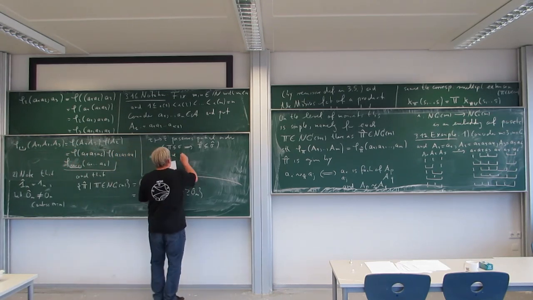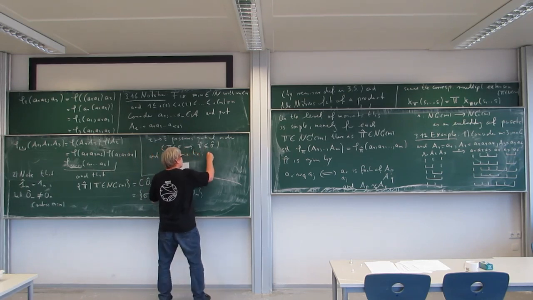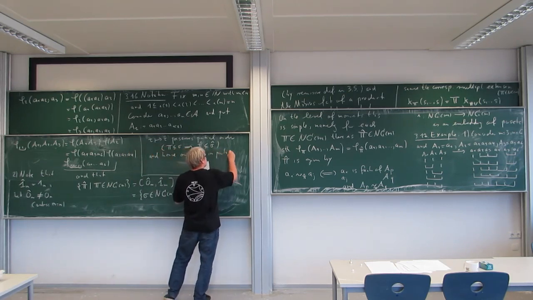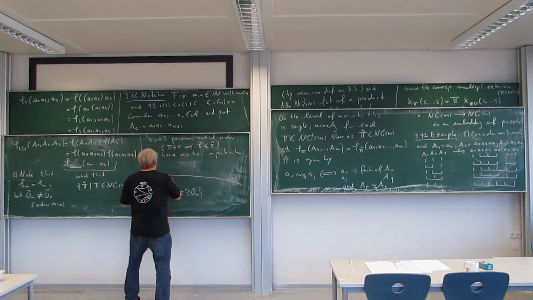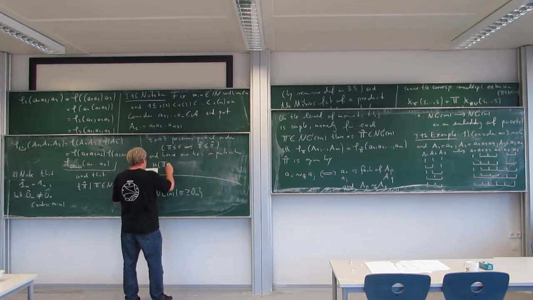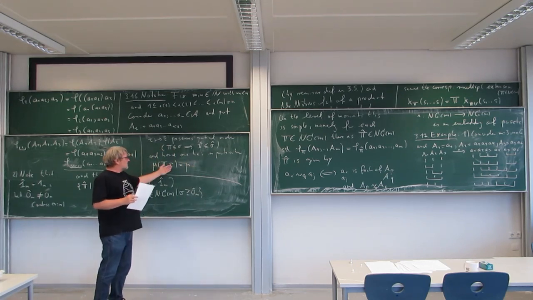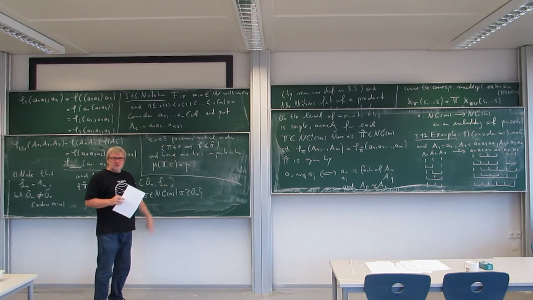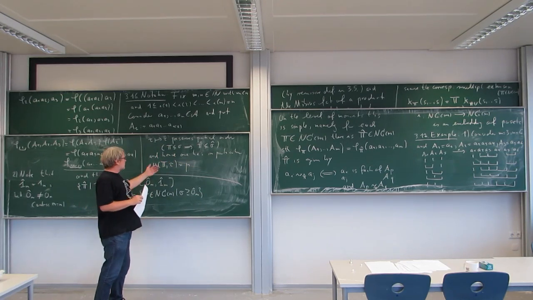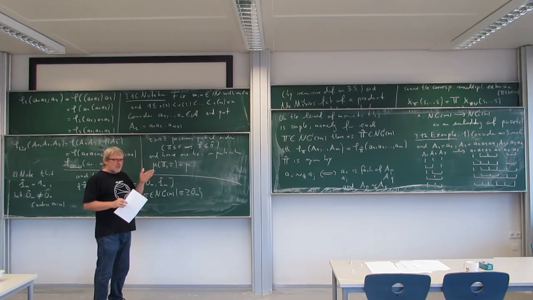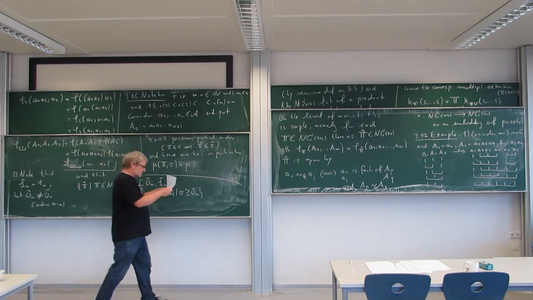And hence, in particular, if I want the Möbius function of pi comma tau, where those are in NC of M, then I can also get this by taking the image of those guys under this mapping hat in NC of N and calculating their values.